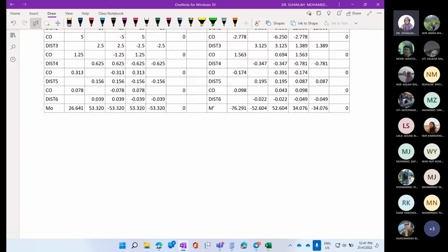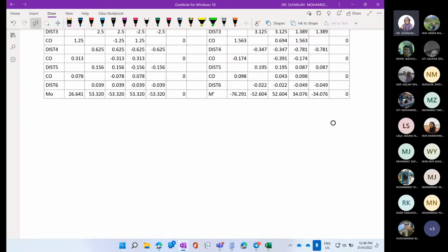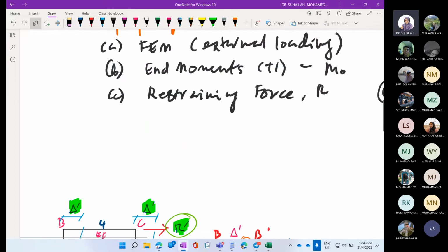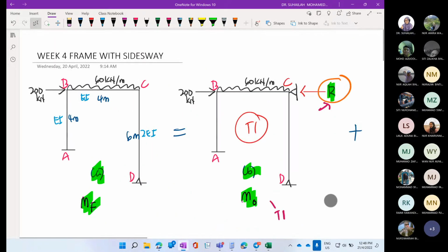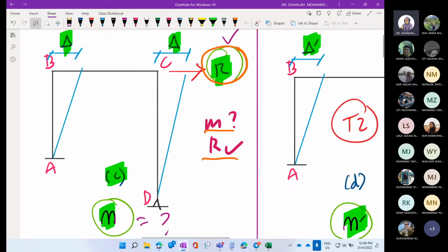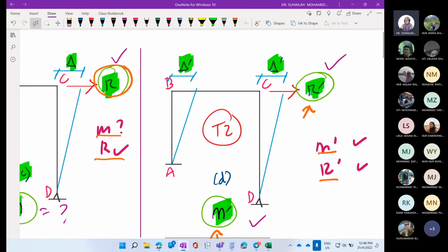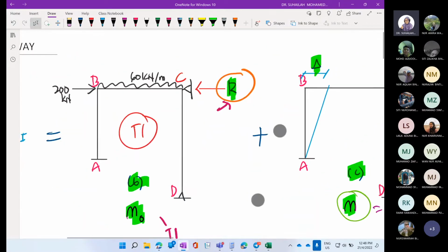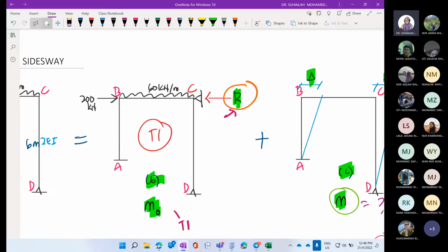Table number 1 will be based on diagram B. Table number 2 will be based on diagram D.